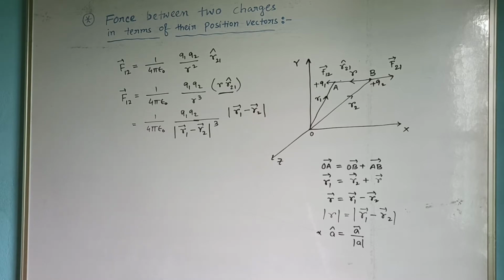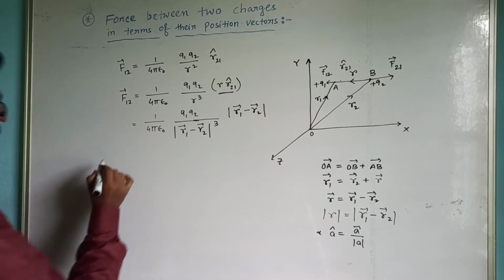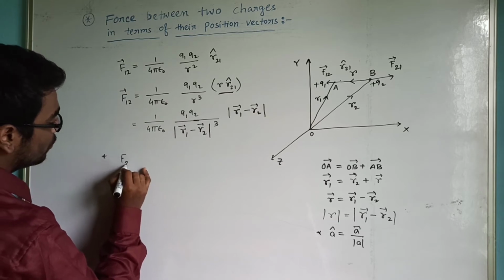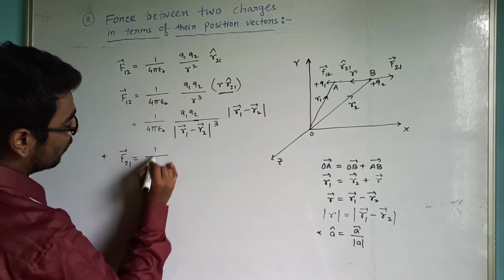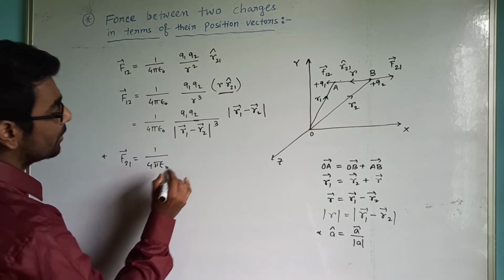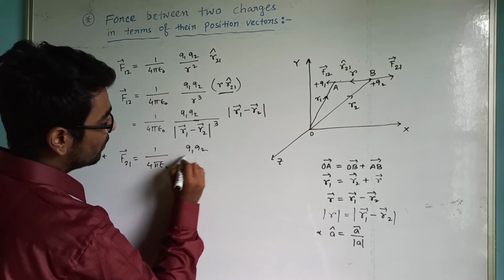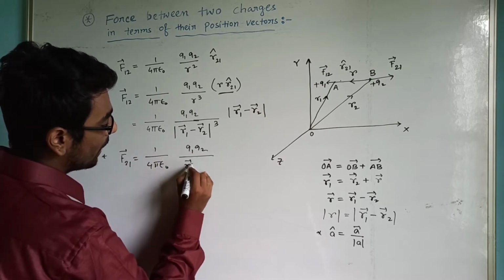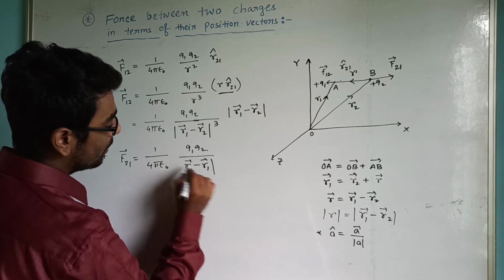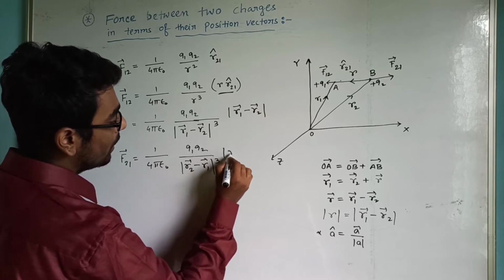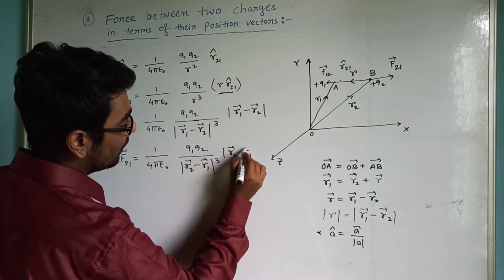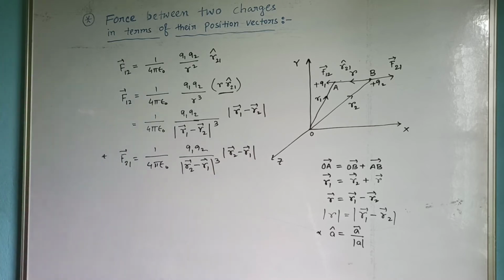In a similar way, we can write F21 as 1 by 4 pi epsilon naught, Q1 Q2 by r2 vector minus r1 vector whole cube, into r2 minus r1 vector.